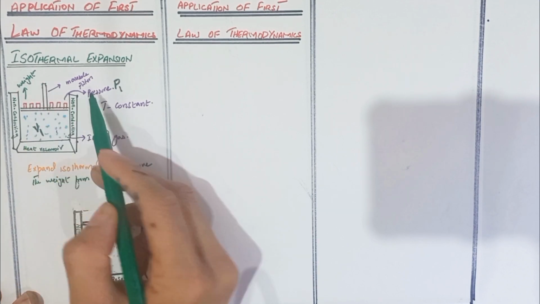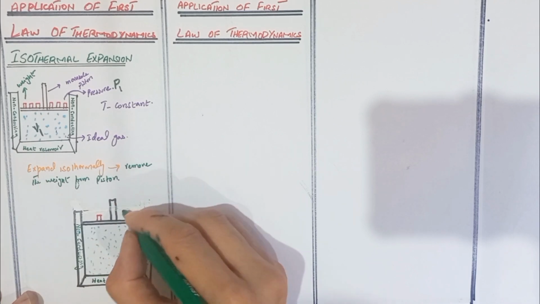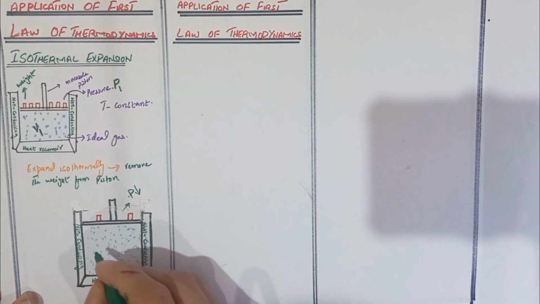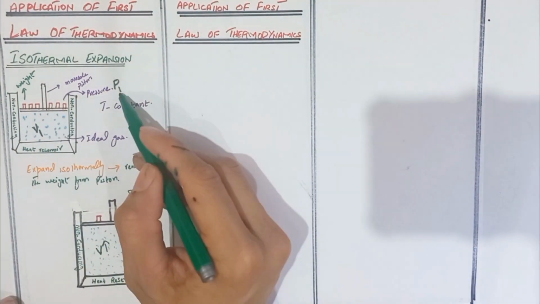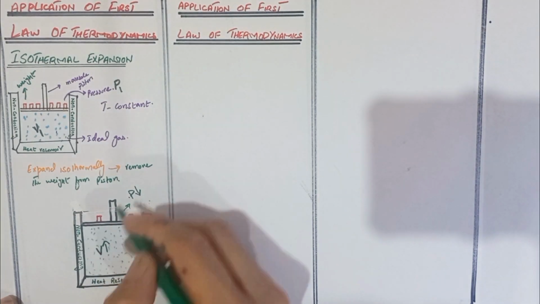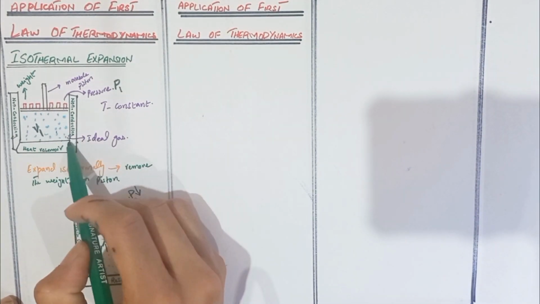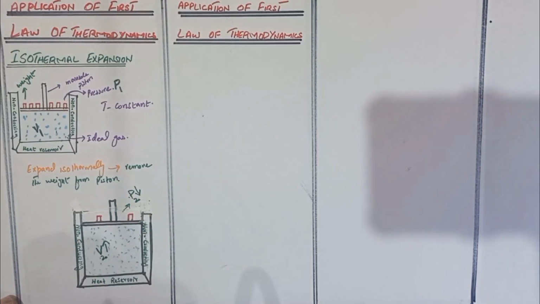When we remove the weight from the piston, the pressure of the gas is decreased, and when pressure is decreased, the volume of the gas is increased. Initially the pressure is P1, and when the gas expands isothermally, the pressure is P2. Initially the volume of the ideal gas is V1, and after expansion the volume is V2.